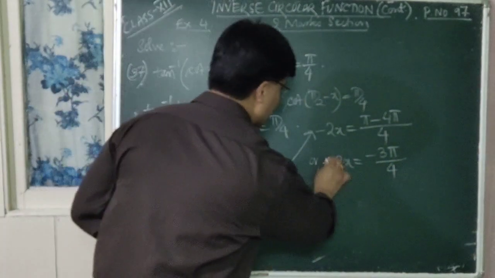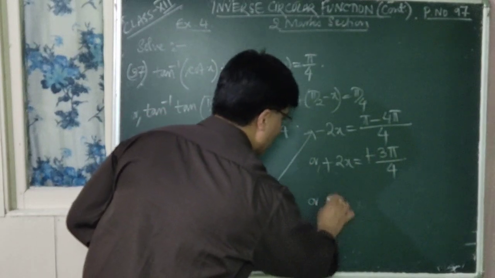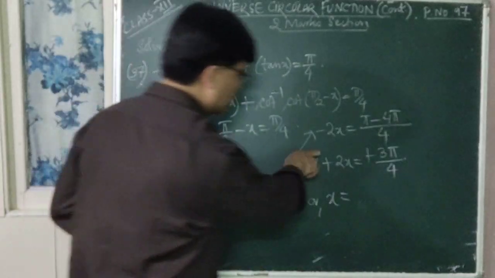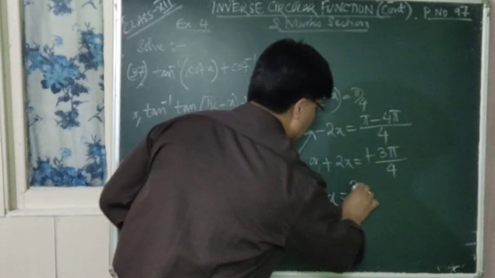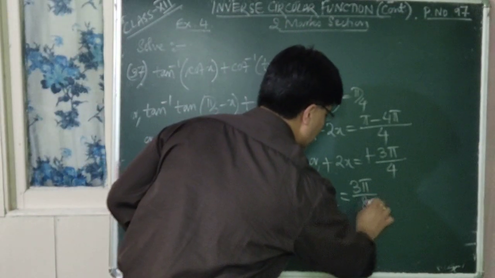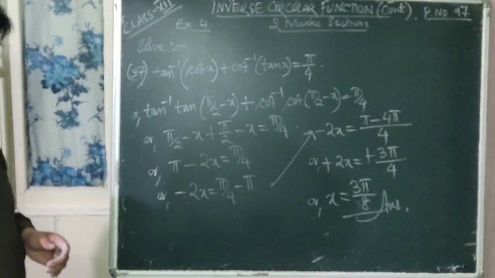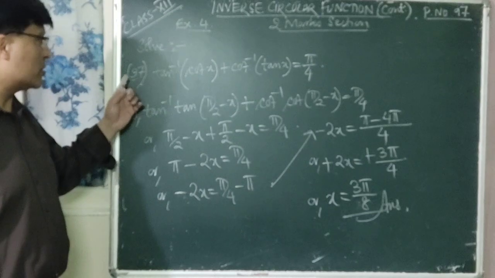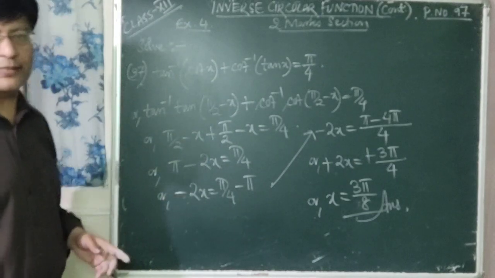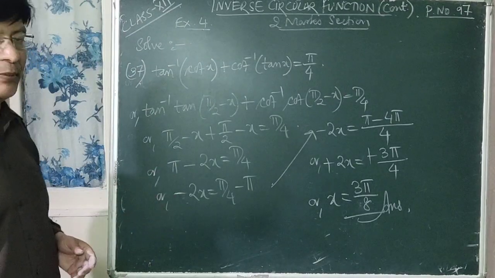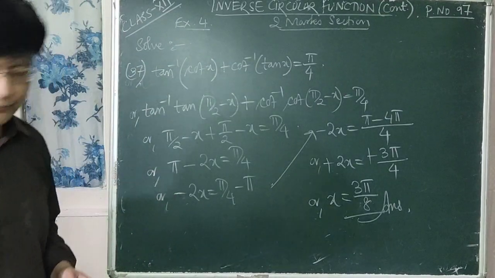So from both the sides you can cancel this minus sign. What is the value for x here? Only x. So you can cross multiply by 2 here. So it is 3 pi by 4 into 2, that is 3 pi by 8. So this is your answer. So answer for this question number 37 is x is equal to 3 pi by 8, right?